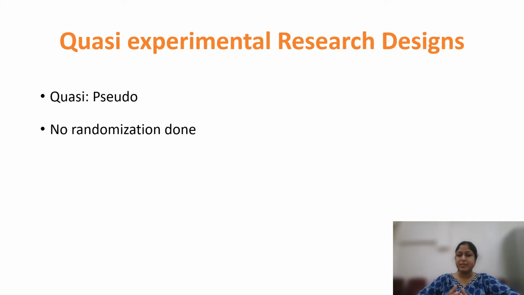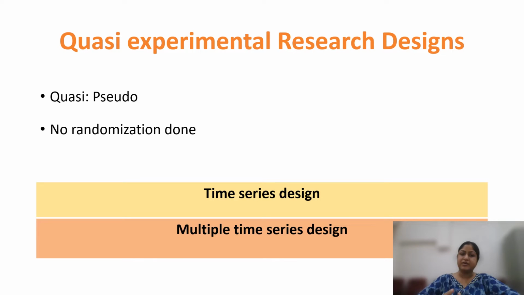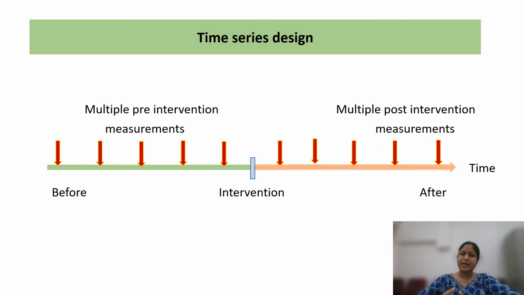Now, quasi means pseudo, and in these research designs also there is no randomization. Under this category, we can have time series or multiple time series design. In time series design, there is an intervention, but there are multiple pre-intervention measurements and multiple post-intervention measurements, and the degree of change between different time points is then calculated.